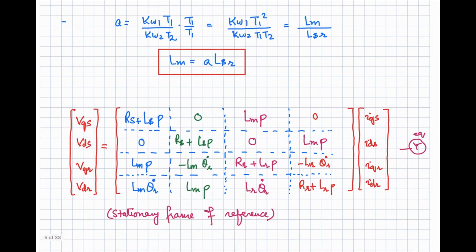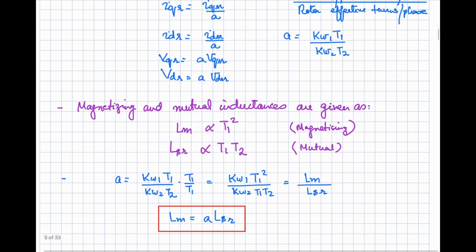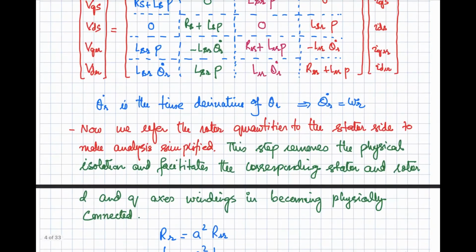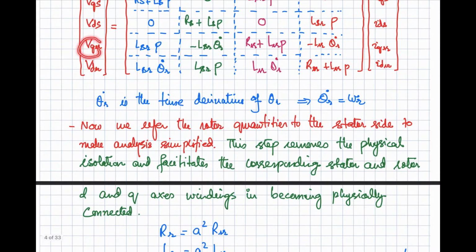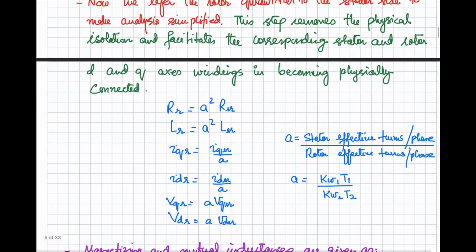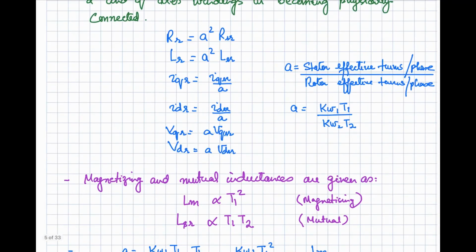Okay, now considering this, finally we can write down the voltage matrix equation like this: VQS, VDS, VQR and VDR. What is this? No, this is not VQRR, VDRR. We are translating them in terms of VQR and VDR, referred to the stator side using this one.